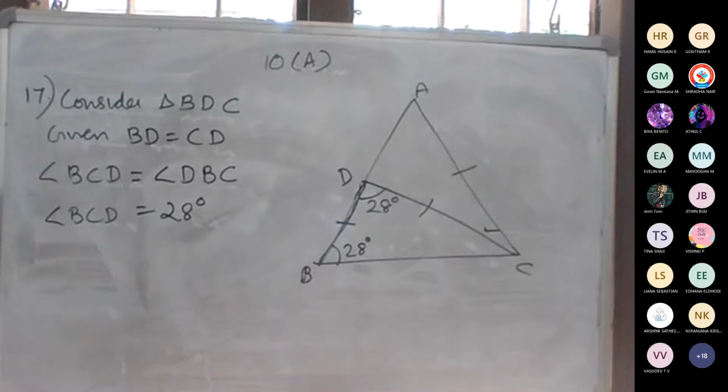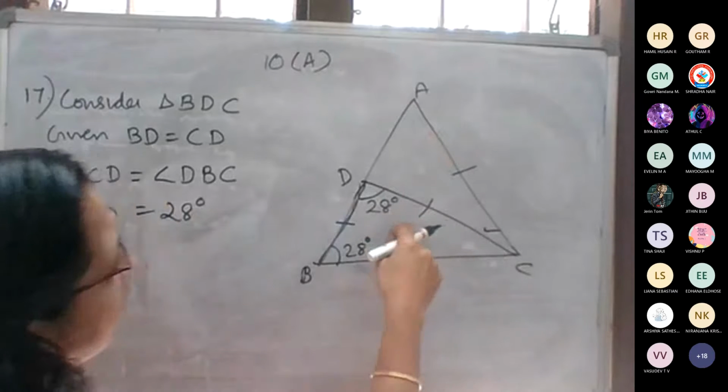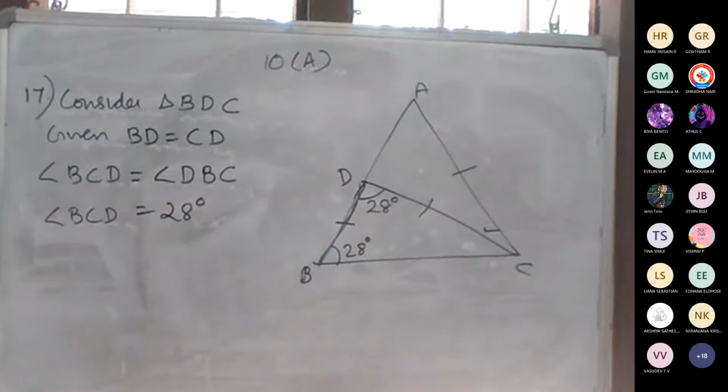The exterior angle ADC is equal to what? Angle DBC. We want to get angle ACD.